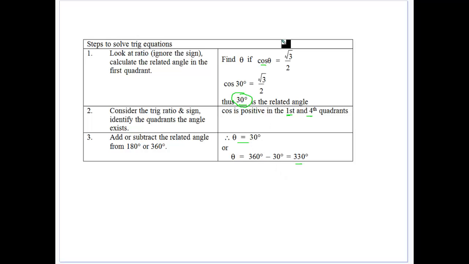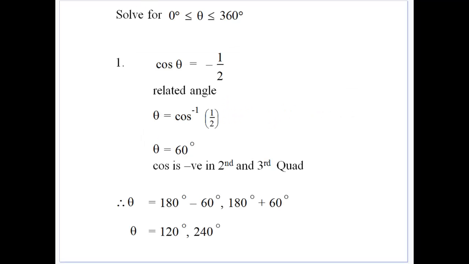You go back and check. Cosine of 30 degrees is equal to root 3 on 2, and cosine of 330 degrees is equal to root 3 on 2. So you go back and check your equation, like we do with all other equations, to find out if our solution actually works by substituting it back into the start.